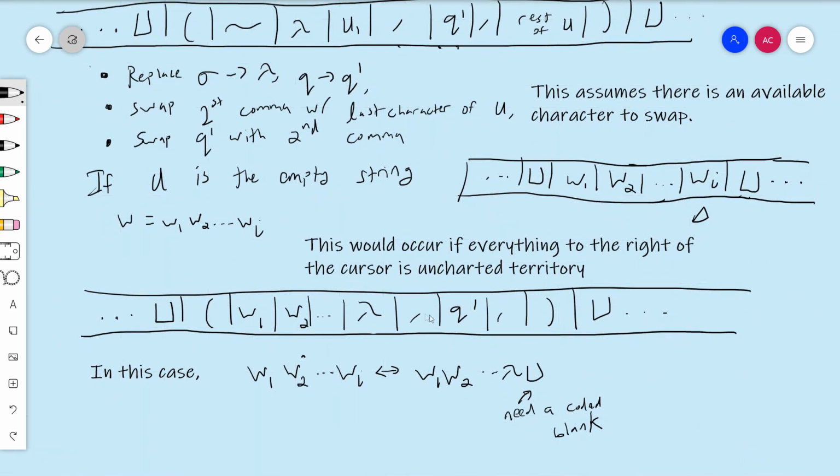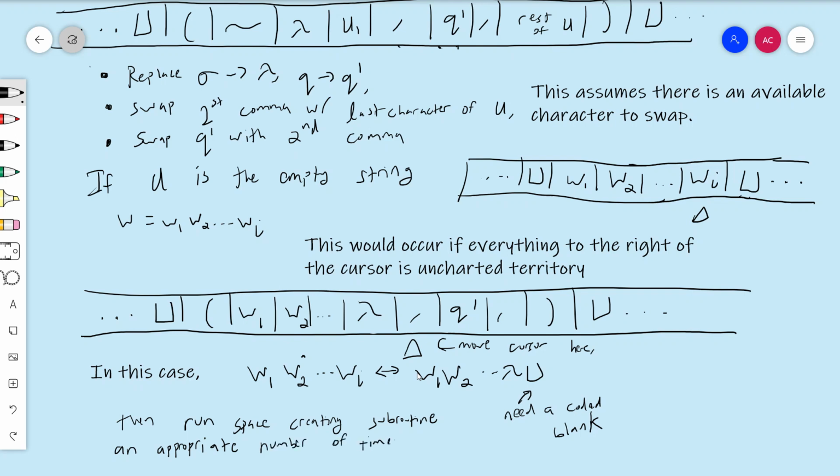And so what I need to do is I need to add room for it. So what I'm going to do is I'm going to move my cursor here, and then run the space creating subroutine an appropriate number of times. I'm going to have to use it more than once to make room to record my coded blank. Then record the coded blank.